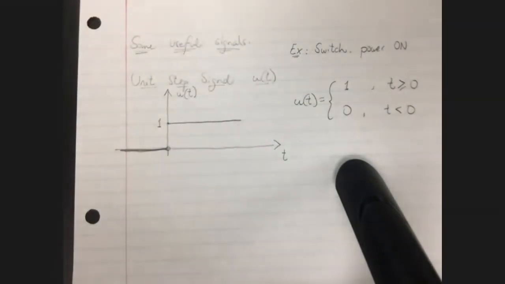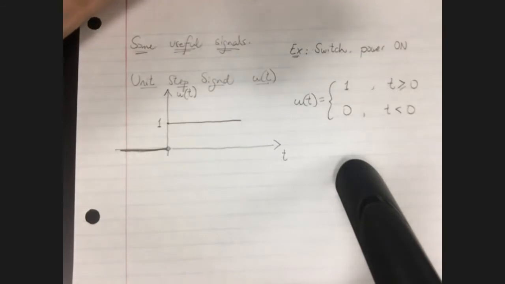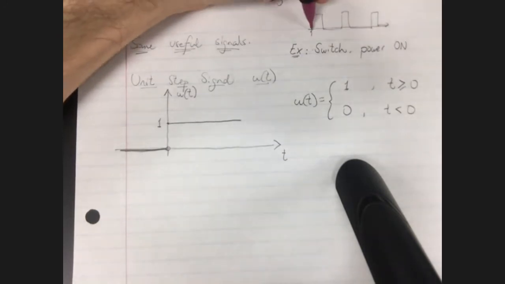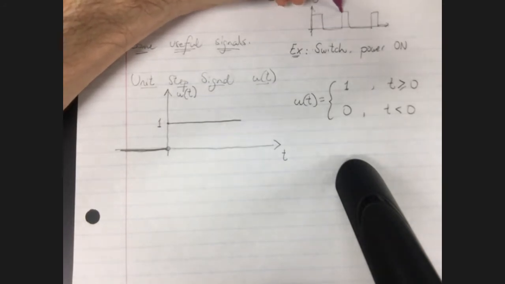But let's say a digital signal. It might be like a digital square pulse, where you're seeing things like this. You've got ones and zeros. Then really you've got a step right there. Steps coming back down. Then you've got another step like that.